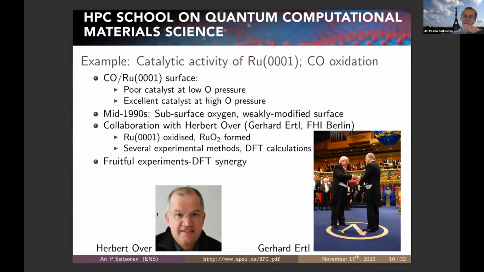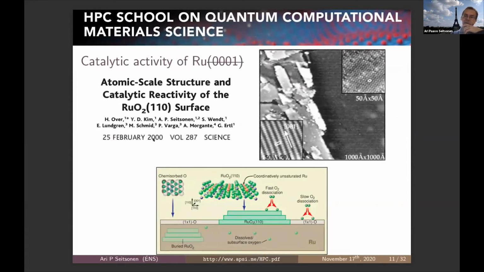So Herbert was studying this material with his group and tried to conclude where this difference in catalytic activity came from. We had, as I mentioned, a long-time collaboration, and at the beginning of the 2000s we managed to publish the main results, which showed a qualitative change on the surface.